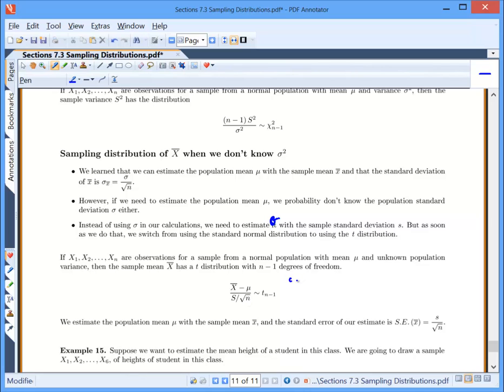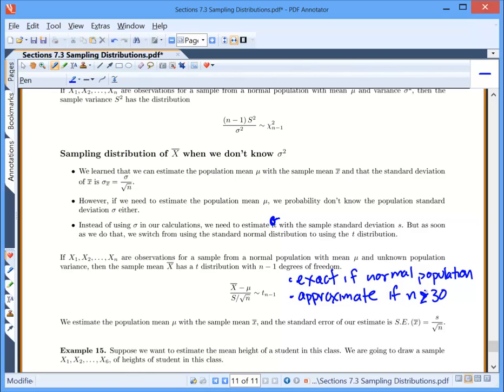This is exact if we have a normal population, and it is approximate if n is big enough, and the rule of thumb is if n is at least 30.